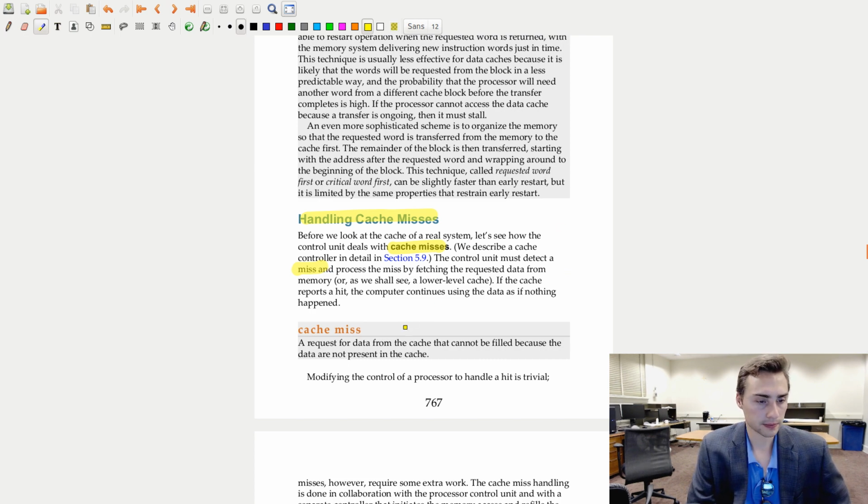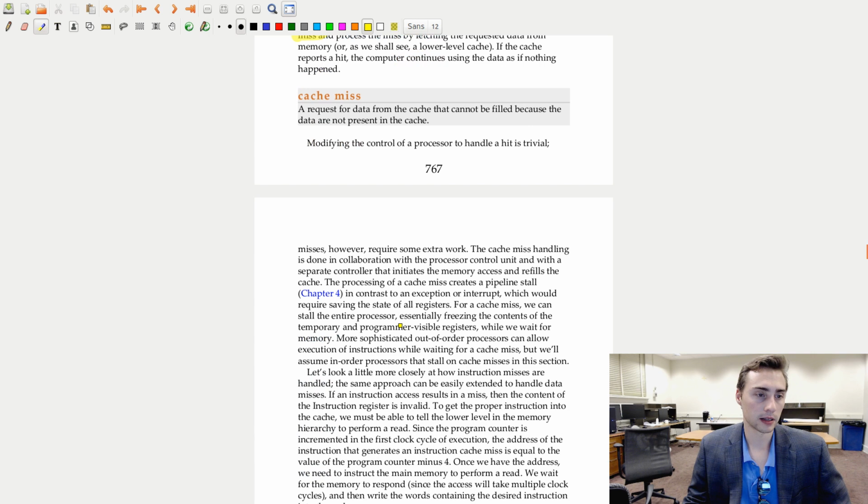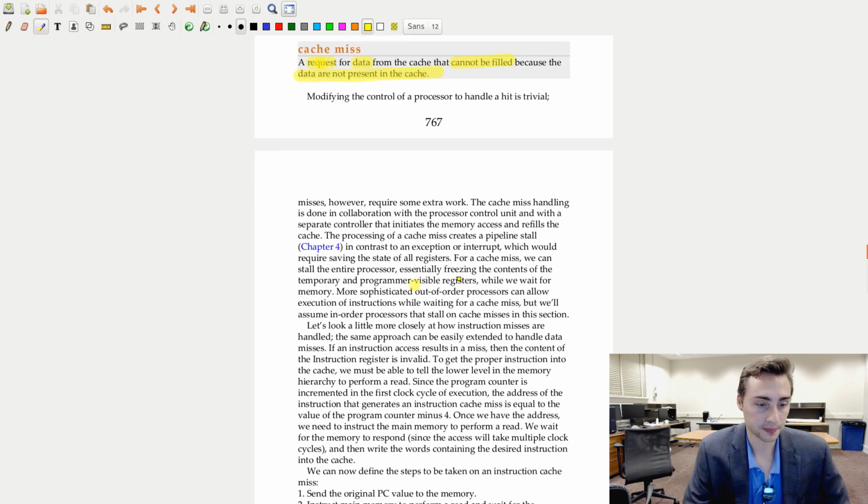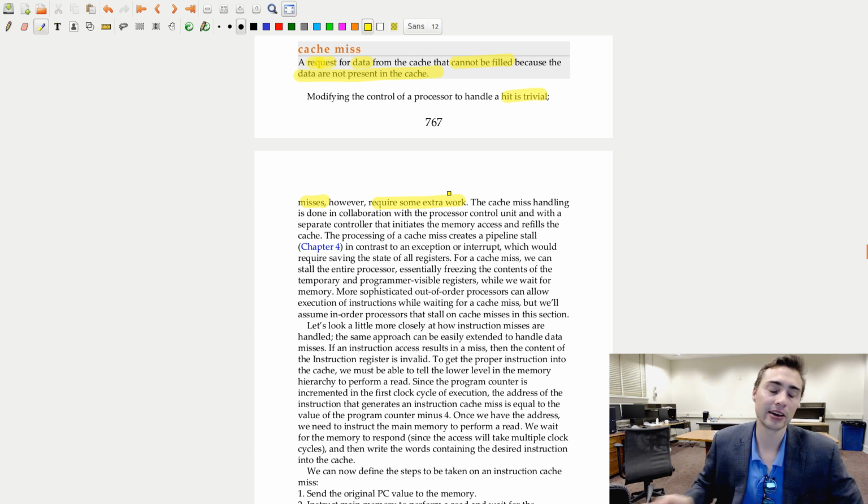Of course, a cache miss, just for review, is when the requested data cannot be filled because the data is not present in the cache. Modifying the control of the processor to handle a hit is trivial. Misses require a little bit of extra work because now we need to dig down into the memory hierarchy.